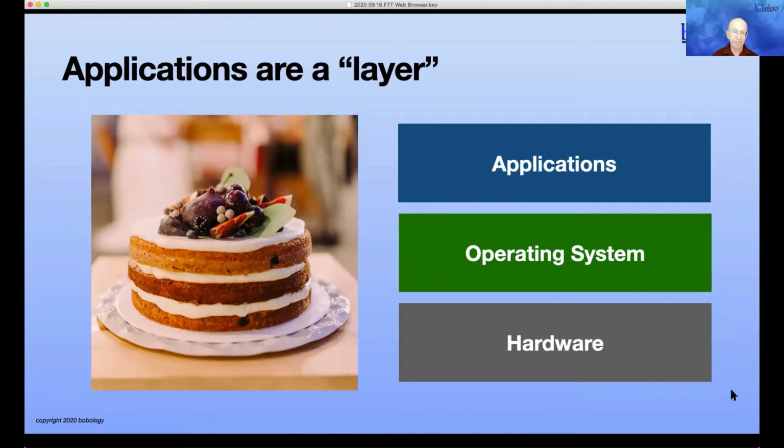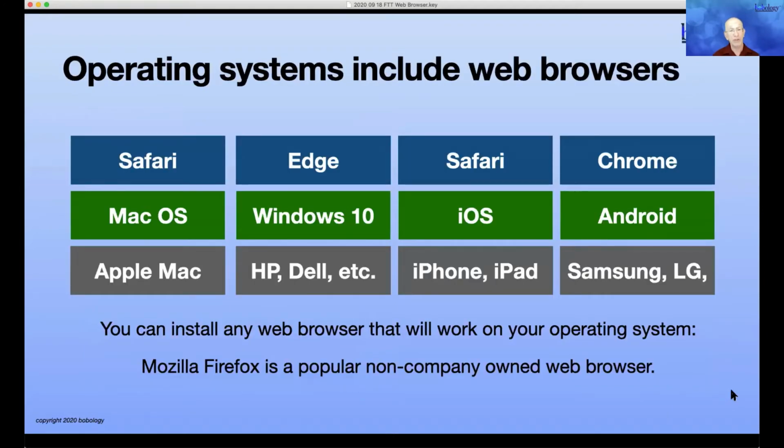But this is the typical way that technology people like to represent applications, operating systems, and hardware: like a layer cake. So the challenge, of course, is that there's a lot of different types of cakes out there, right? So if you think of Apple Macs as one type of layer and HP, Dell as another layer, your iPhone and iPad as another layer, your Samsung or LG as another layer, those are different pieces of hardware.